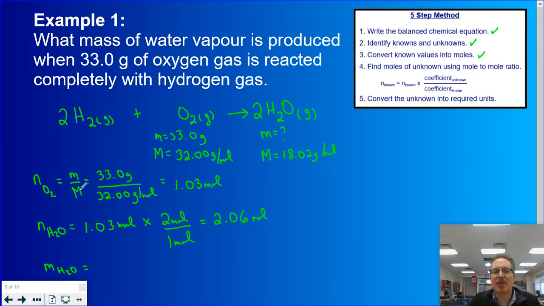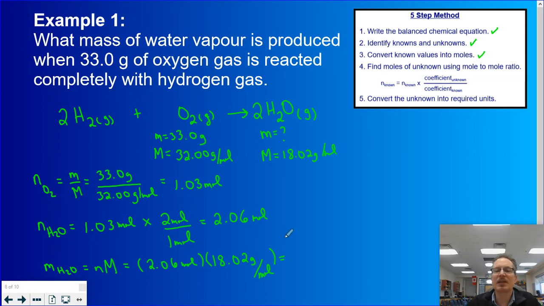So to solve for mass, molar mass is going to move up, so it's going to be moles times molar mass. So my moles is 2.06 moles. My molar mass is 18.02 grams per mole. So I'm going to take my full calculator number, go times 18.02.